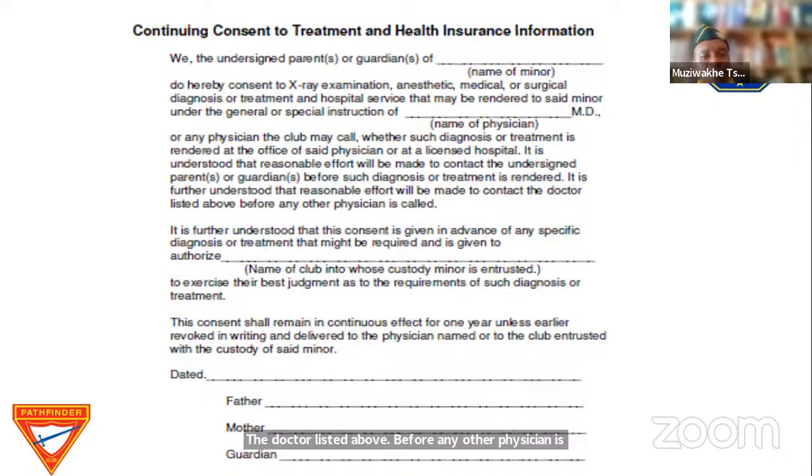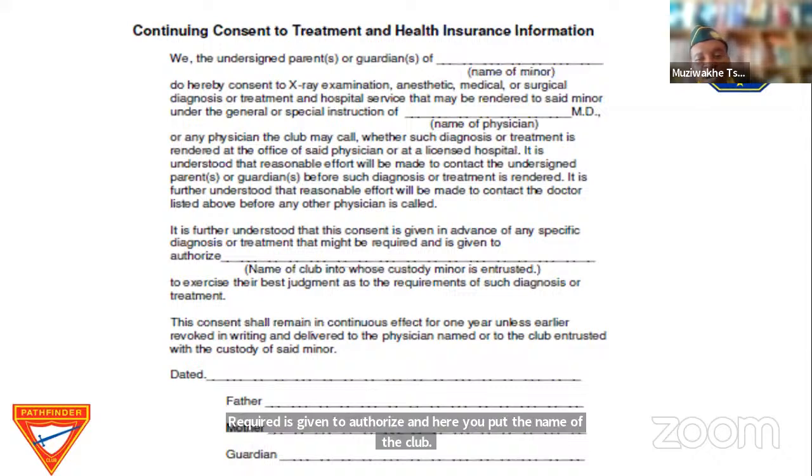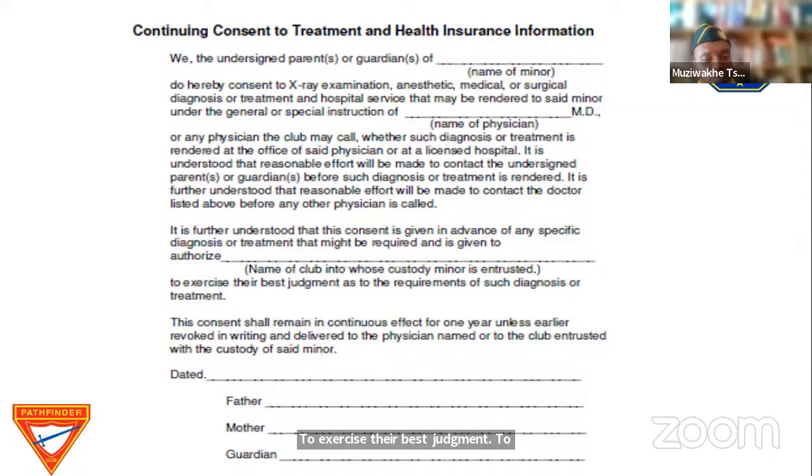It is therefore understood that this consent is given in advance of any specific diagnosis or treatment that may be required, as given to authorize, and here you put the name of the club, to exercise their best judgment as to the requirements of such diagnosis or treatment. This consent shall remain in continuous effect for 1 year, only 1 year, unless earlier revoked in writing or delivered to the physician named or to the club entrusted with the custody of said minor.